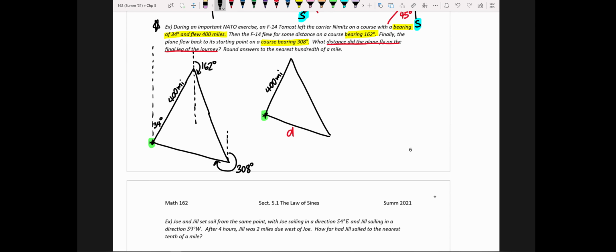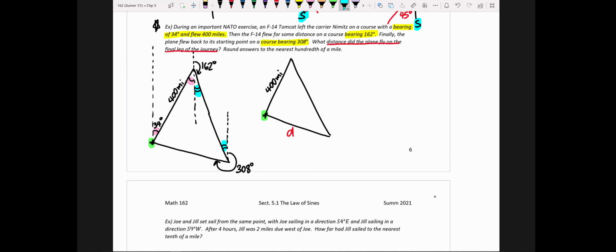So that means these are alternate interior. These ones are also alternate interior. Parallel lines, so the north-south lines are parallel. Parallel lines cut by a transversal, alternate interior angles are congruent. So congruent and then congruent.